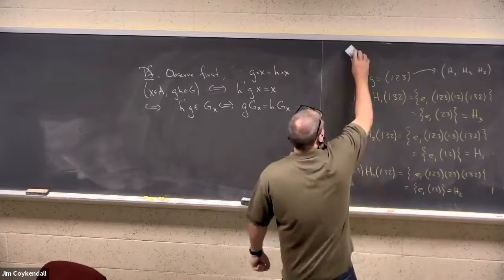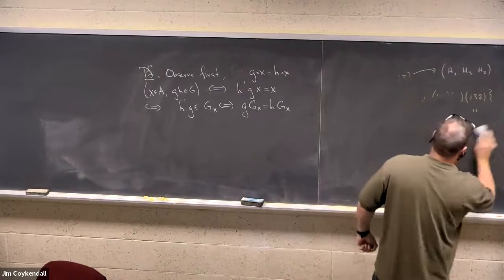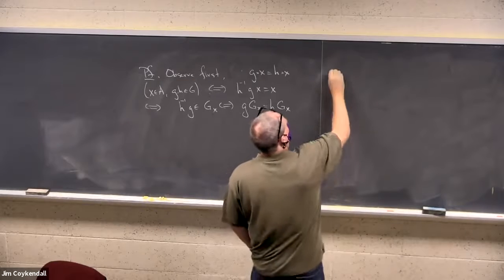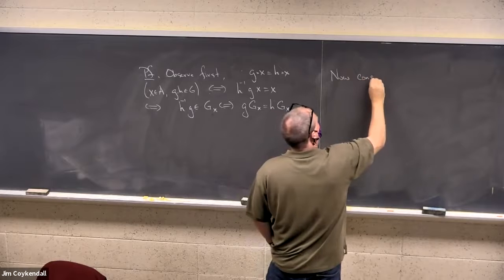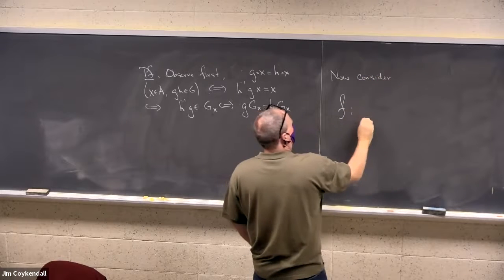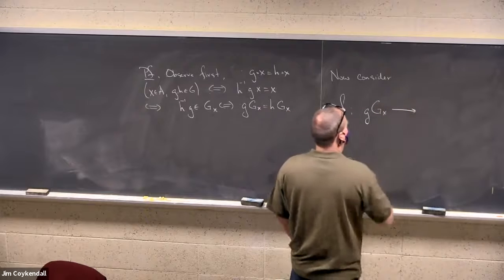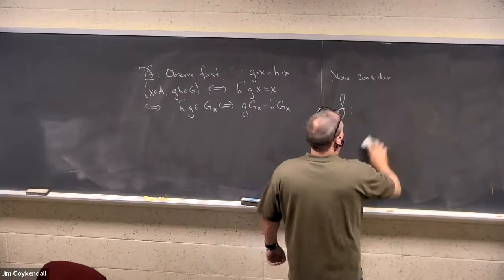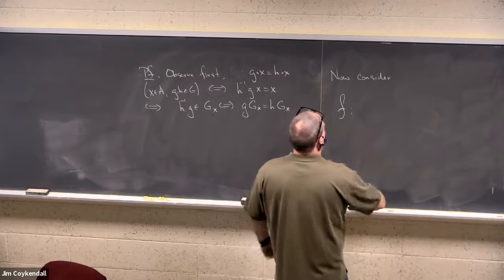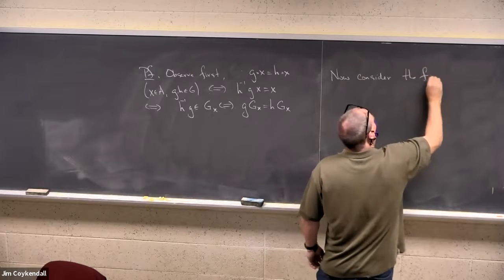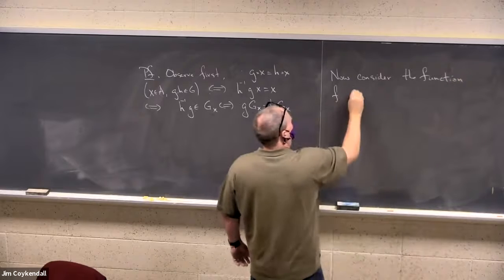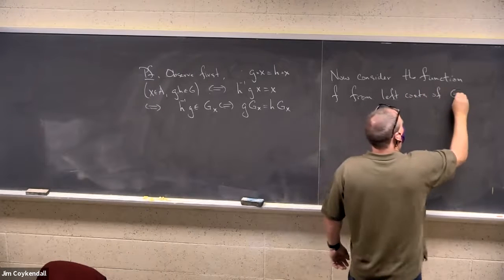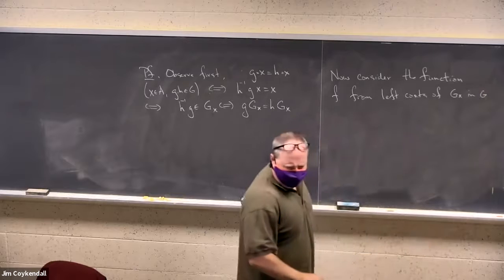So we now consider the function f from left cosets of the stabilizer to the orbit of x.